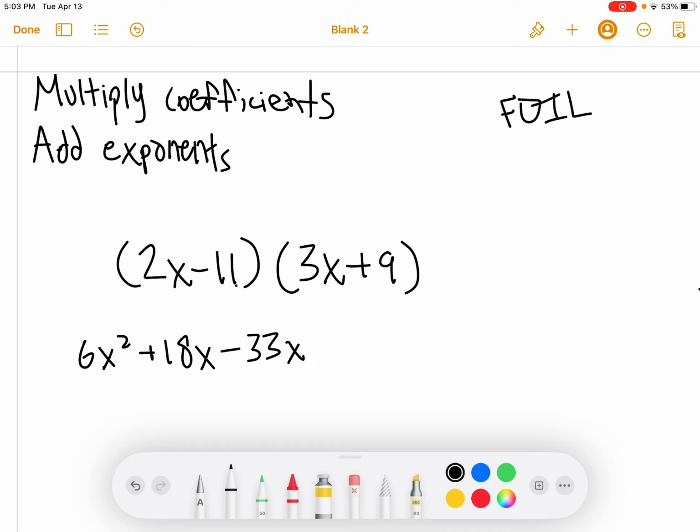Then last, that's going to be negative 99. So you have 6x squared, and then 18 minus 33, which gives you negative 15x, minus 99. And that's your answer for multiplying that.